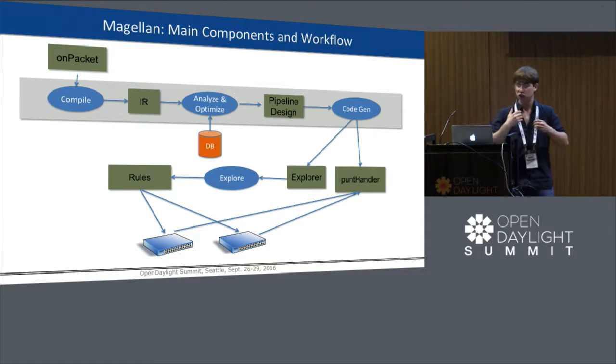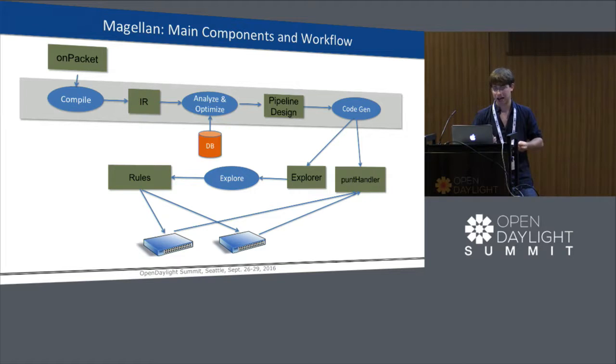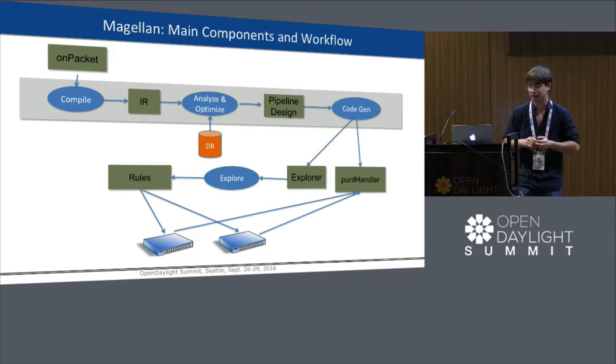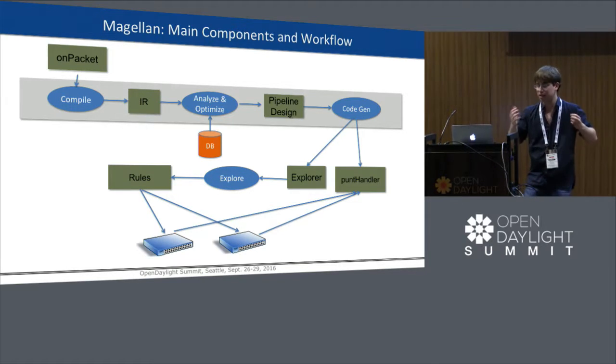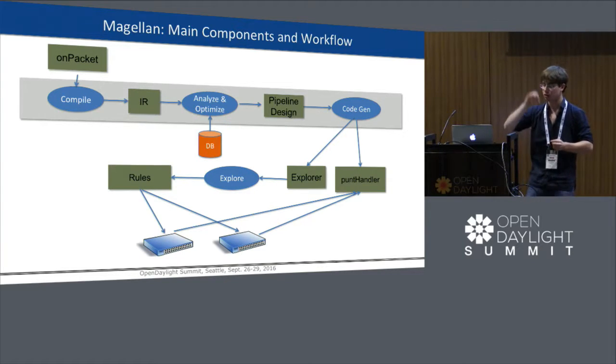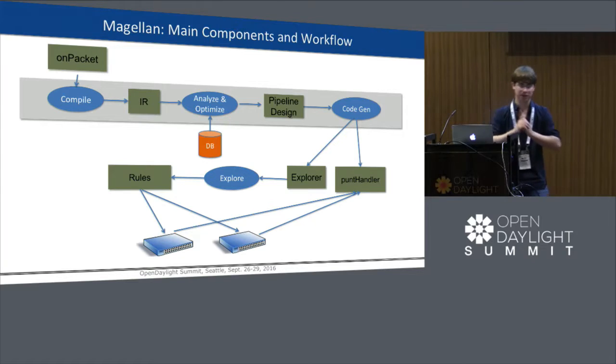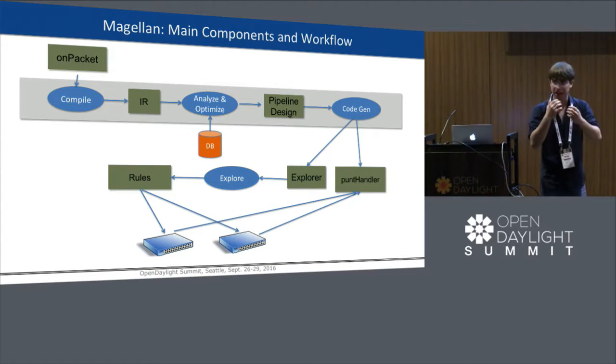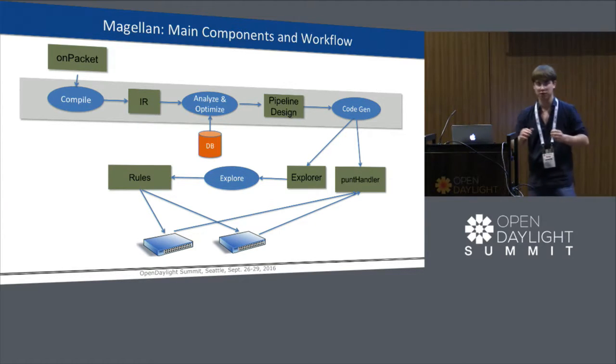We then generate these tables in Silicon and populate them. We add a punt handler. That is, if there exists a particular location in this code that we cannot turn into Silicon, we send that back to a central controller. And then finally, we take these rules and we give them to OpenDaylight, and OpenDaylight implements these rules as OpenFlow tables on switches.